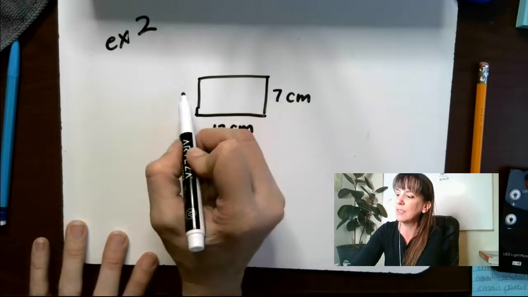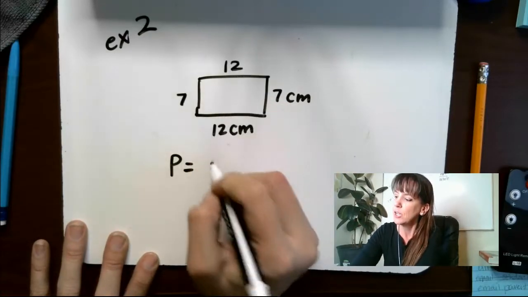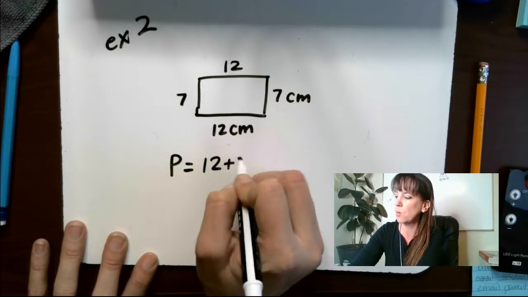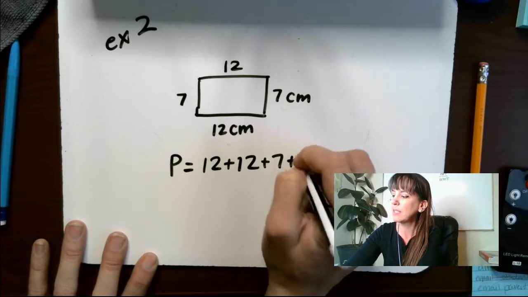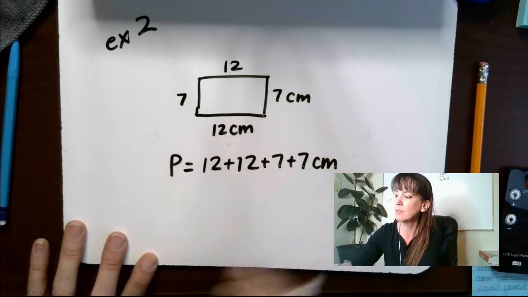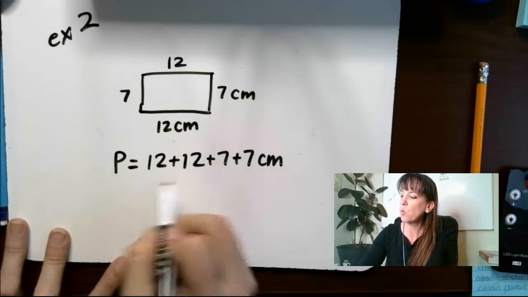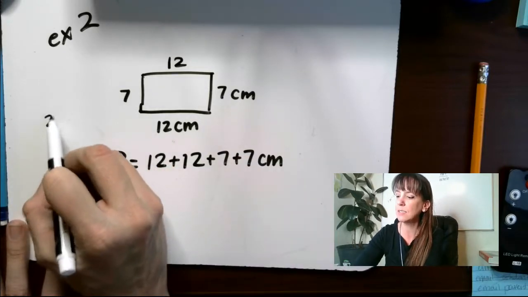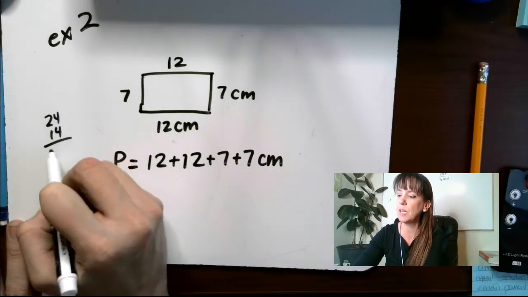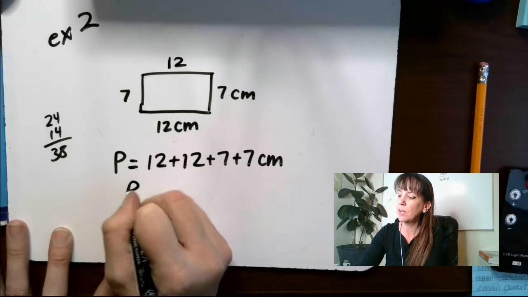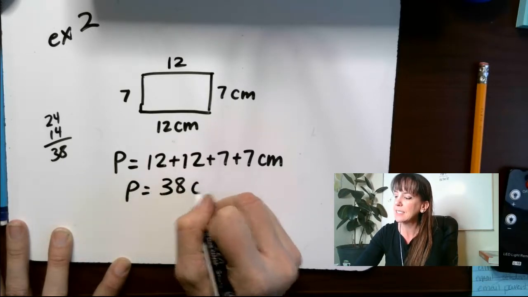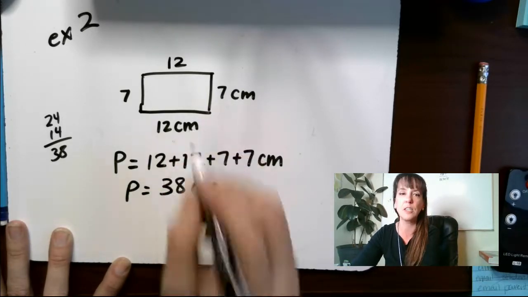So if this is 7, this is 7, and this is 12. So what you're going to write down is 12 plus 12 plus 7 plus 7 centimeters, okay? When we have that, we get 24 plus 14. 24 plus 14 gives me 38. So the perimeter equals 38 centimeters, because that's the unit it's given.